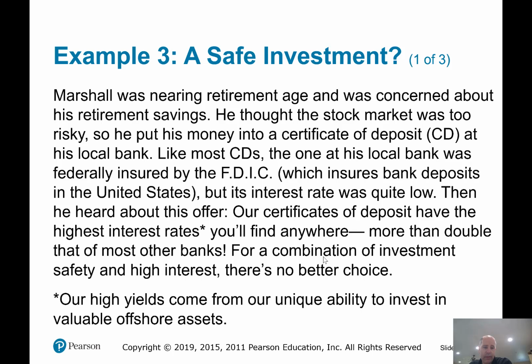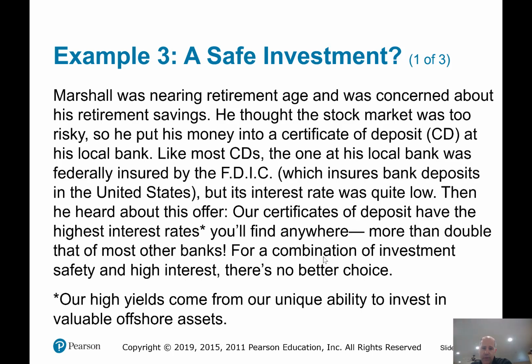Then he heard about this offer. It says, our certificates of deposit have the highest interest rates. There's an asterisk there. Okay. Whenever there's an asterisk, you want to read what the asterisk is about. So it says, again, our certificates of deposit have the highest interest rates you'll find anywhere, more than double that of most other banks.